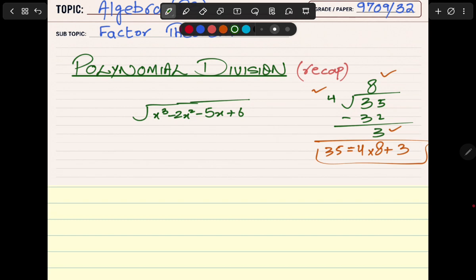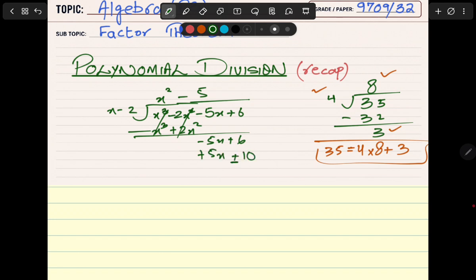Hold this thought. We are going to use it later as well. Now let's say we are dividing this polynomial by x minus 2. So this is going to be x squared. This is going to be x cubed minus 2x squared. We subtracted, so this gets cancelled. So we get minus 5x plus 6. We do minus 5, so this becomes minus 5x. This becomes plus 6. And then 6 minus 10 is negative 4.